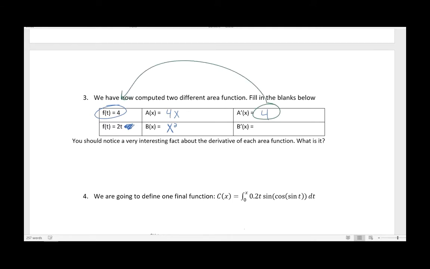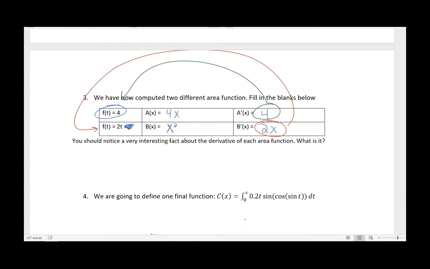Now let's look at the next example. We're going to notice the same thing. So when I integrated 2t, the output of the integral was x squared. And when I differentiate x squared, I get 2x. So what I can notice in that case is that it takes me right back where I started.